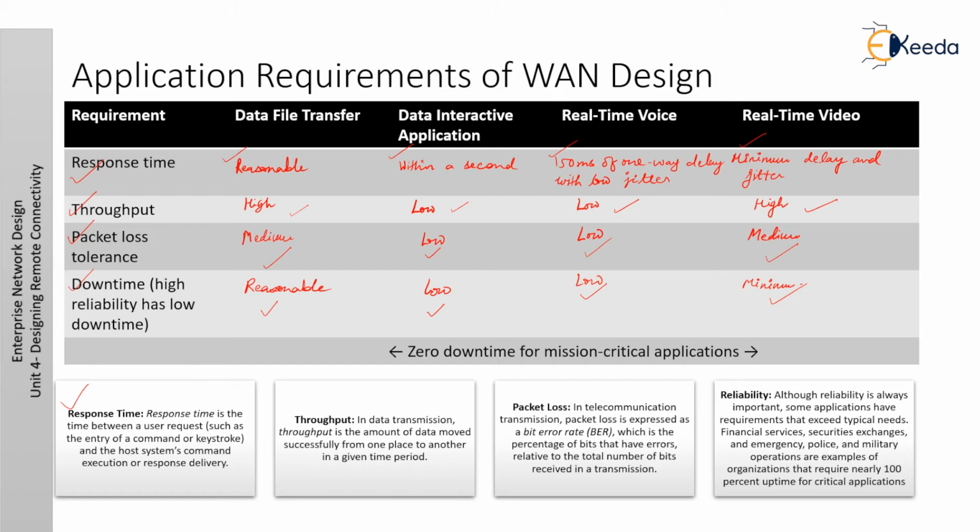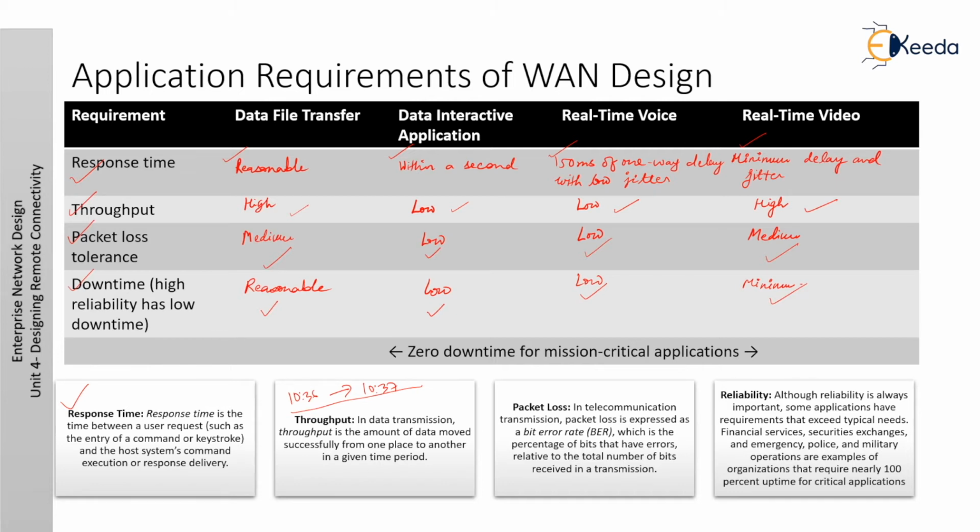Throughput, in data transmission, is the amount of data moved successfully from one place to another in a given time period. Meaning I am going to upload my video to Google Drive. When I started at 10:36 and it was uploaded at 10:37, this is the amount of data moved successfully from one place to another within a given time.